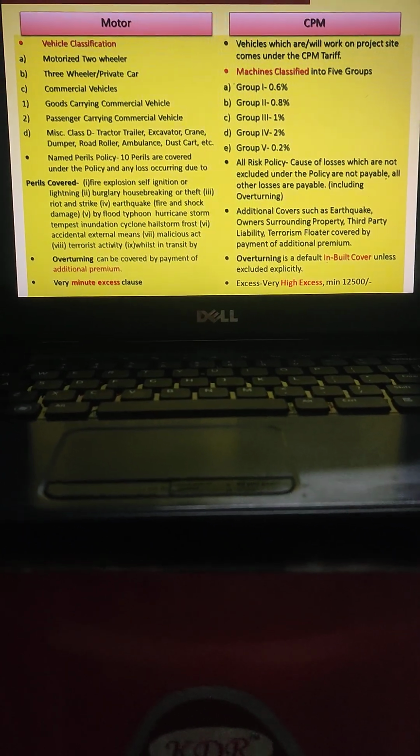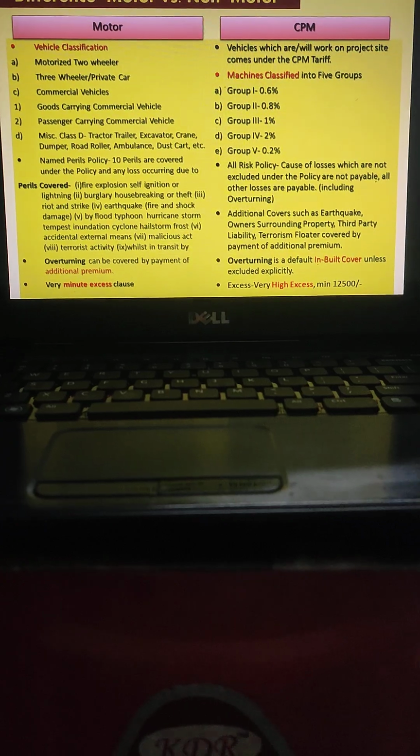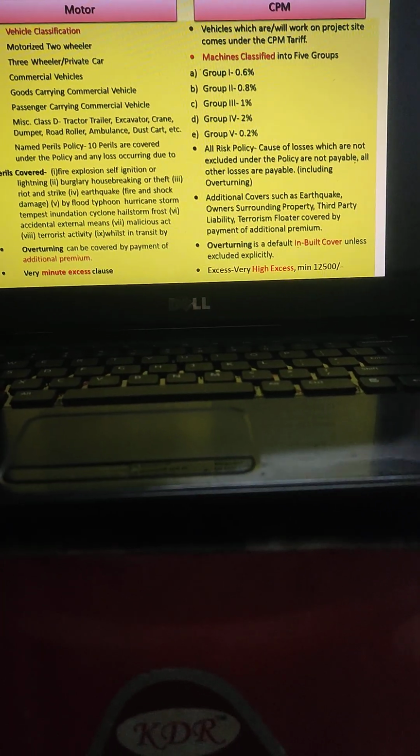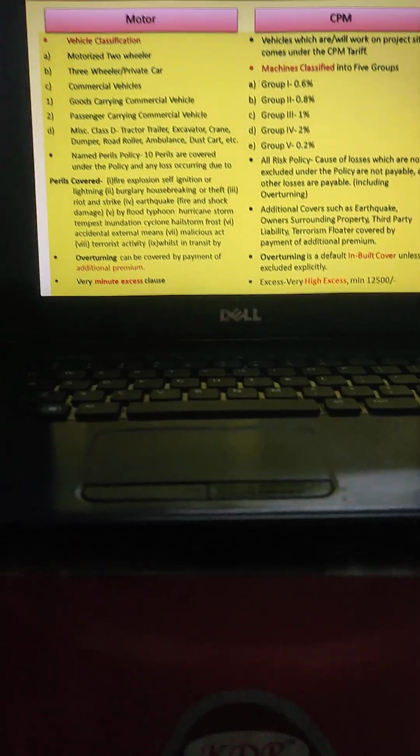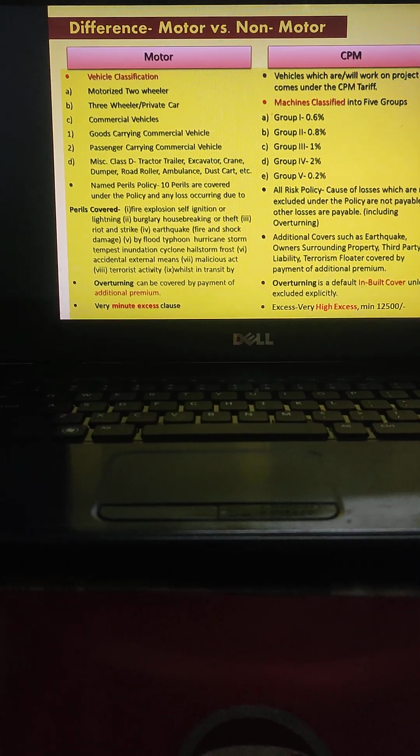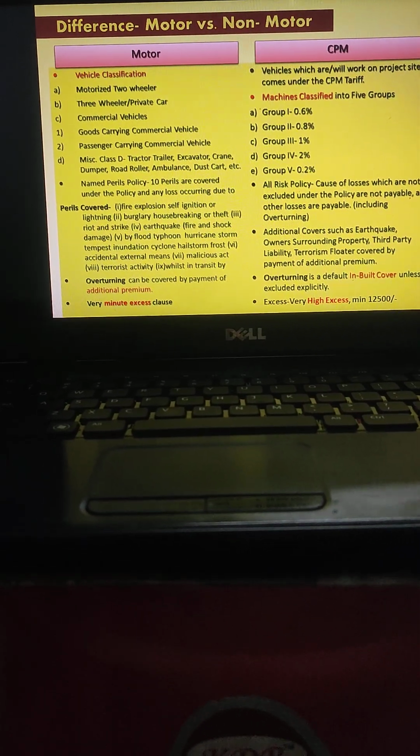One most important aspect is how to differentiate the motor or CPM policy, because this is a major differentiating factor in the motor and non-motor category.